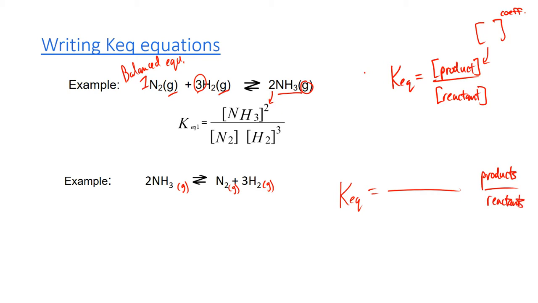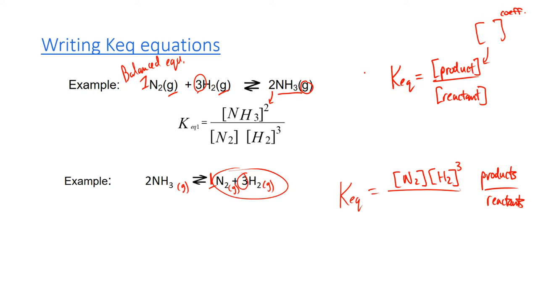Okay, so my products here. I've got already my balanced equation. So I'm going to have the concentration of my nitrogen, N2. The coefficient here is 1, so that's just raised to the power 1. Multiplied by the concentration of hydrogen gas, H2. And because of that coefficient 3, that value will be cubed.